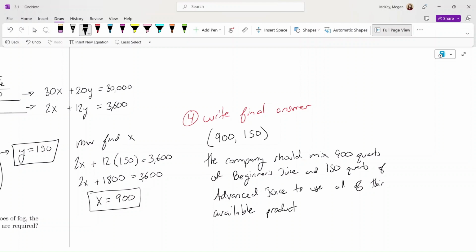And you could be even more specific by saying to use all 30,000 fluid ounces of water and all 3,600 fluid ounces of apple juice concentrate, but we will leave it as is for this example.